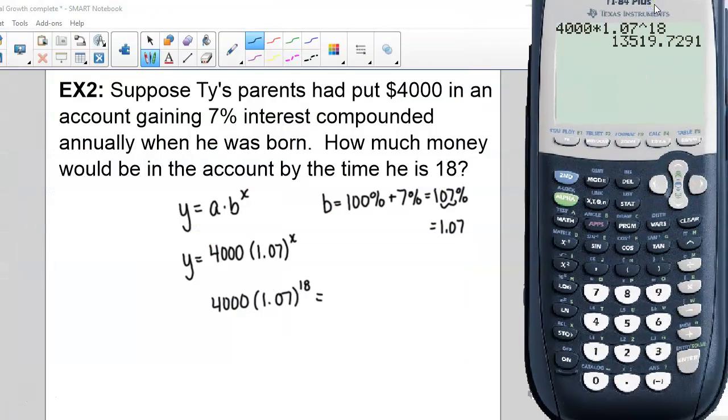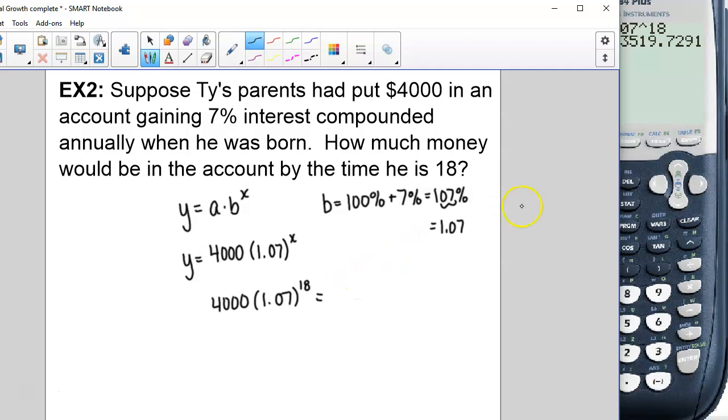Okay, so Ty has $13,519, and we'll round that to cents, 73 cents.